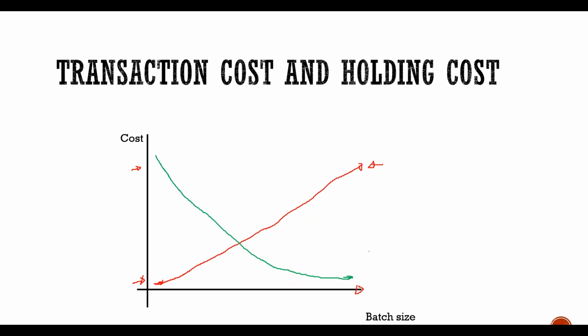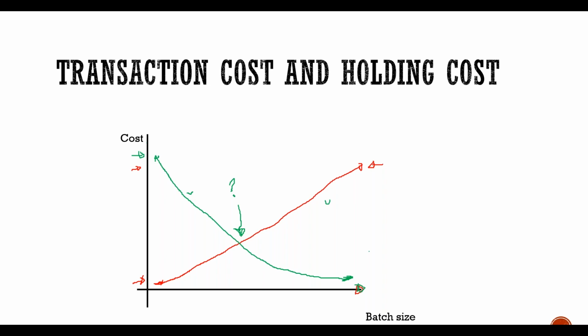If I purchase a higher batch, then my costs are lower, because I go only one time and buy all the eggs and come back. But if I eat an egg and buy an egg, my transaction costs are high. So now what is my total cost? My total cost is the green line plus the red line, and that tells me what should be my optimum batch size, how many eggs I need to buy.